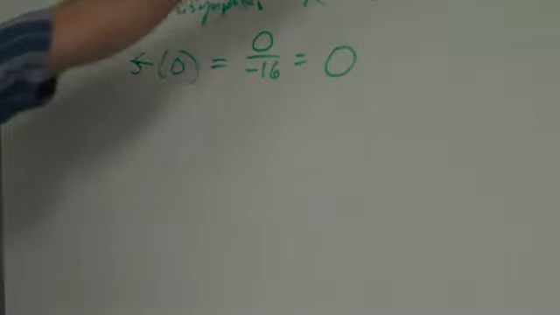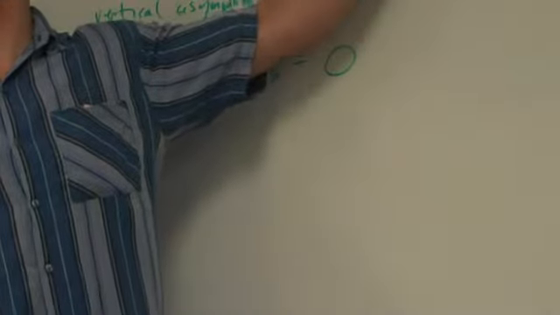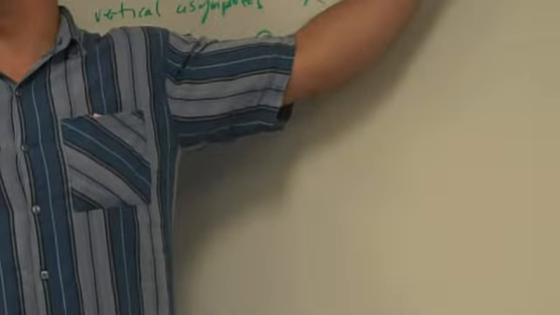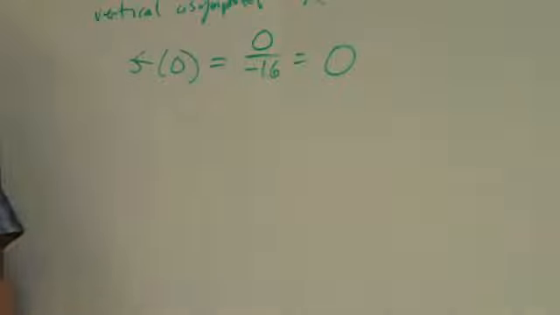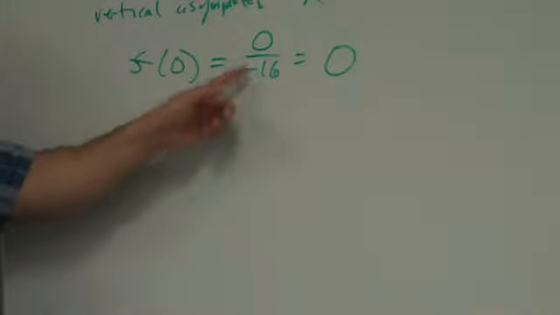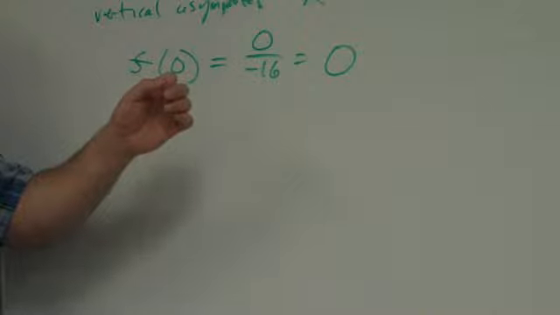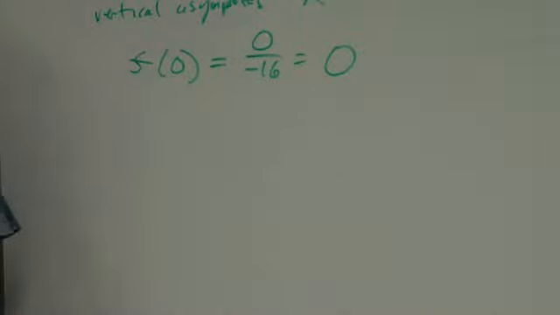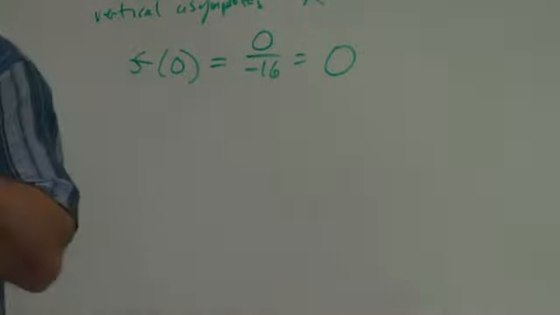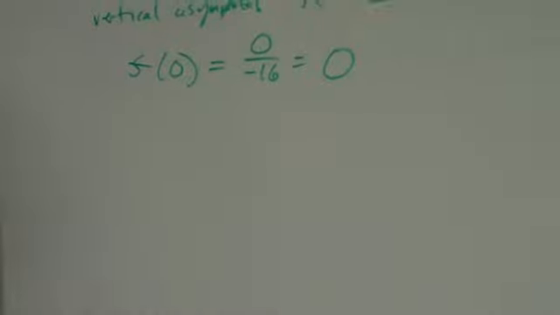If I put in 0 for x, I get 0 on top, but as Sam pointed out, I get negative 16 on the bottom. 0 over negative 16 is just 0, that's fine. 16 over 0 would be a problem. It'd be undefined. That'd be an asymptote. And 0 over 0 is indeterminate form. That'd be a hole. Those are the 3 real possibilities we've discussed.